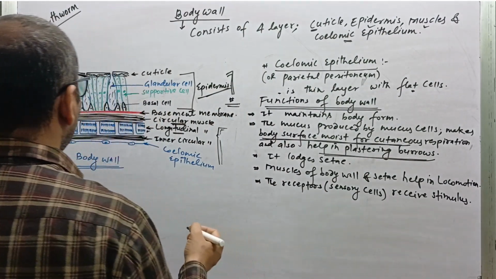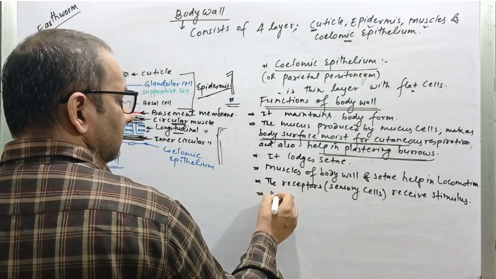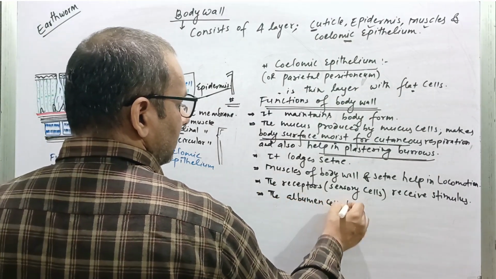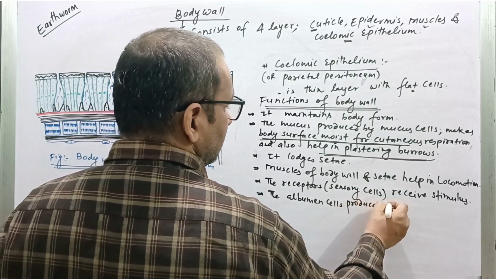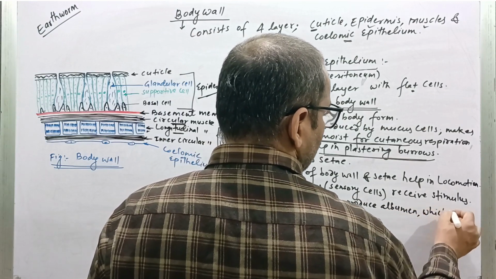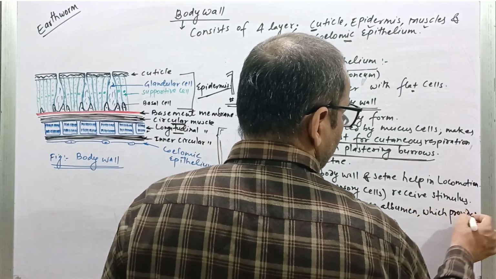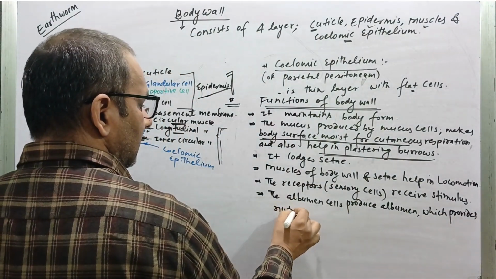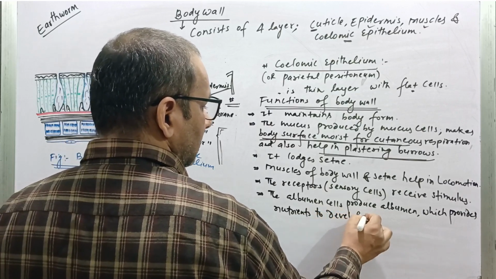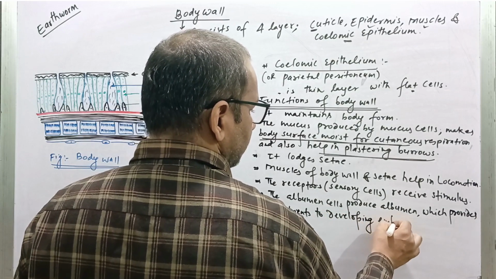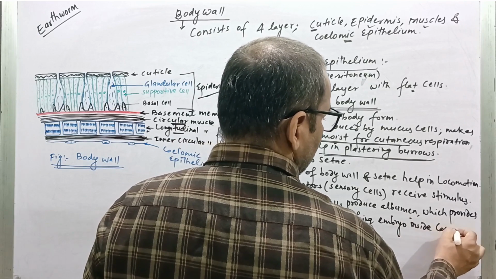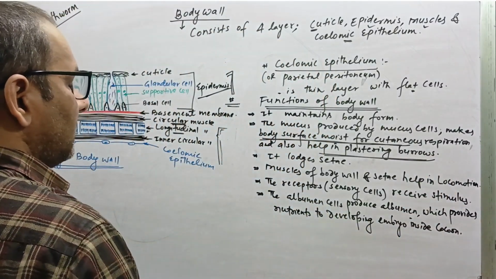In the same way, the albumin cells produce albumin, which provides nutrients to the developing embryo inside the cocoon. So these are the main functions of the body wall.